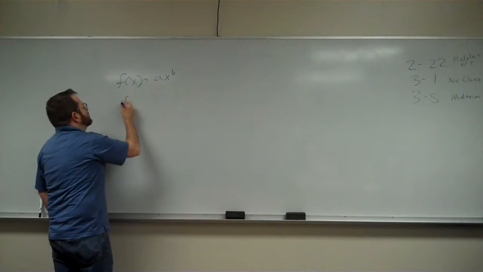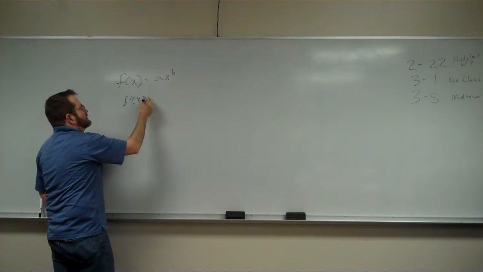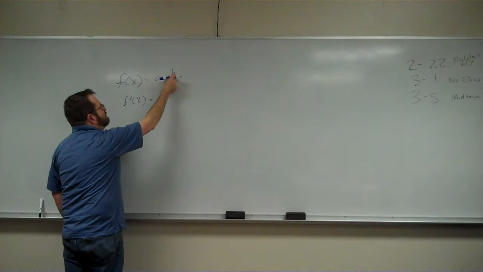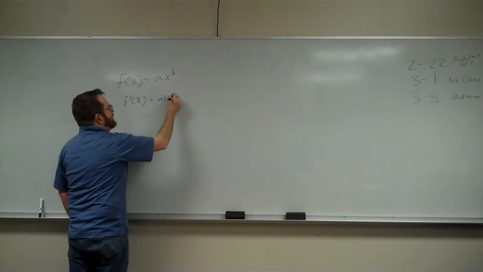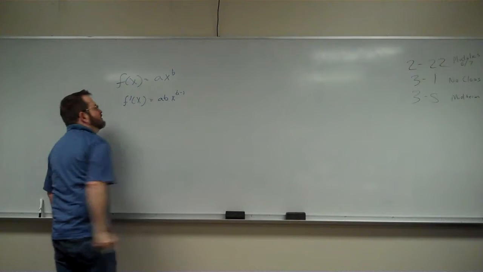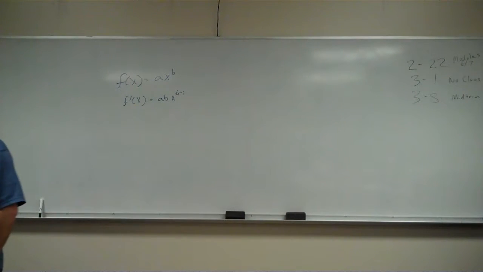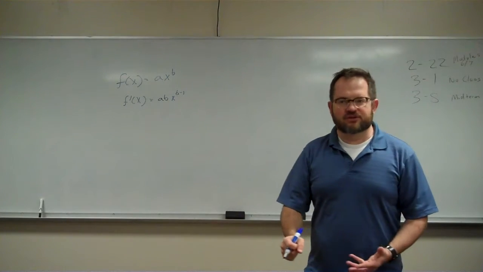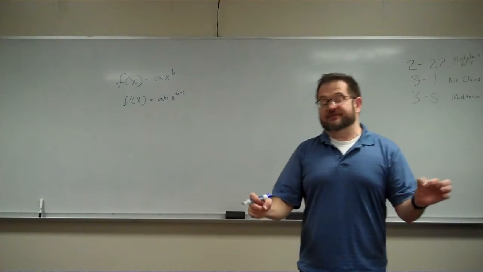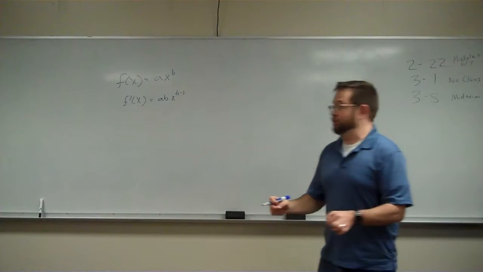But the derivative of that is, you pull the b down in front, so it's a times b, x to the b minus 1 power. This is called, in your book, the power rule for derivatives, and it's by far the simplest kind of derivative to do. And you had a whole bunch of examples of that on that homework set for 3.2.